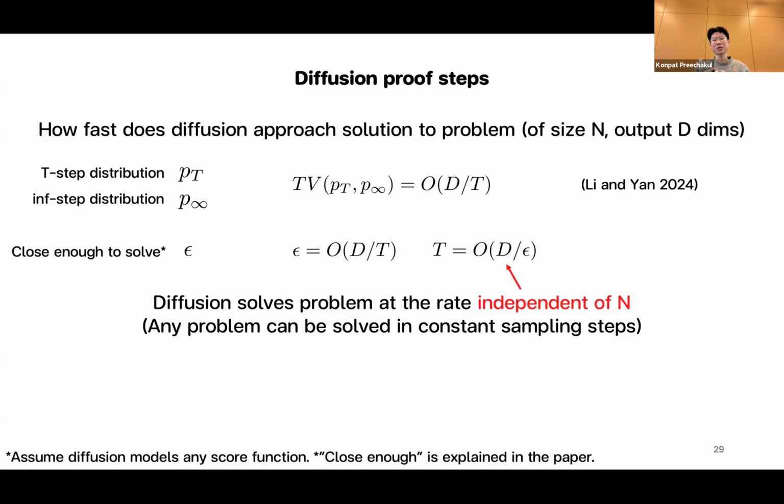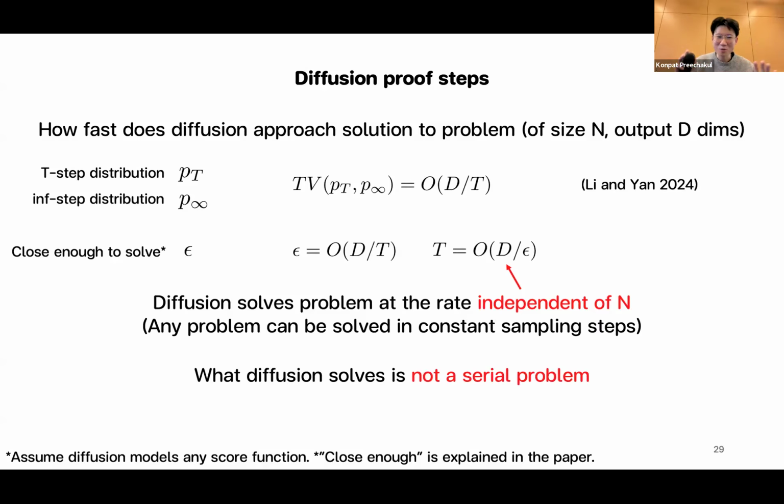So a diffusion model can solve any problem with d dimensions with a constant number of sampling steps, which means whatever the diffusion model solves cannot be a serial problem, because it's independent of n.